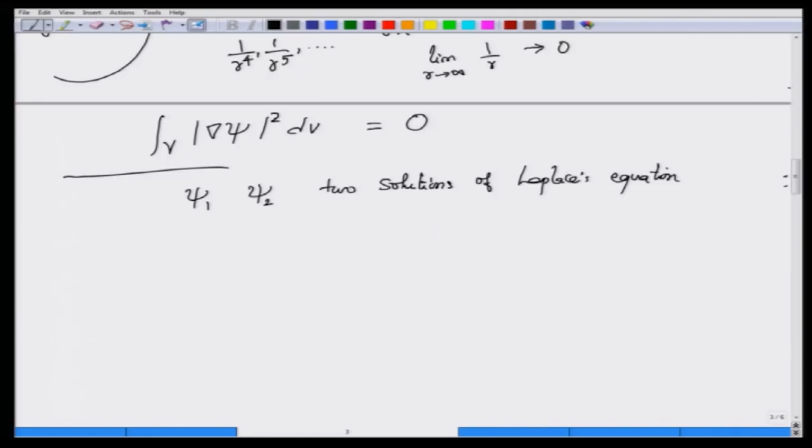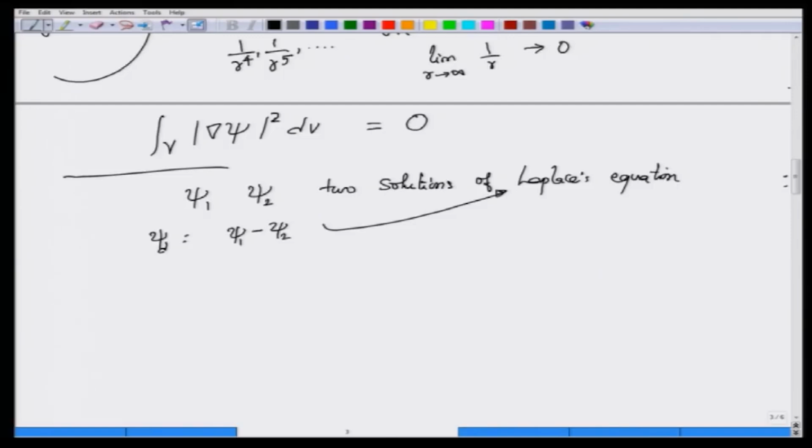Okay. Now, because of the linearity of Laplace's equation, this difference psi 1 minus psi 2, which we will call psi d, is also a solution of Laplace's equation. The difference of the individual solutions is also a solution, and this solution must be valid everywhere.